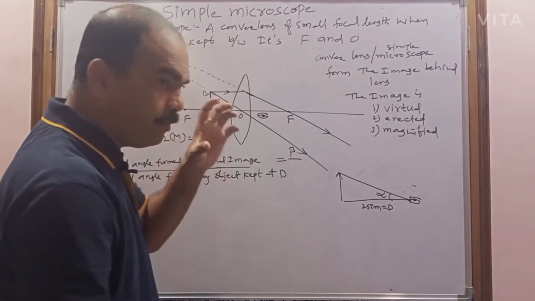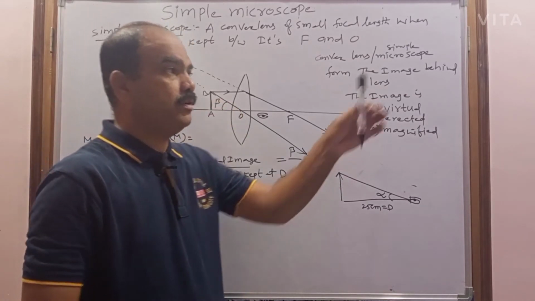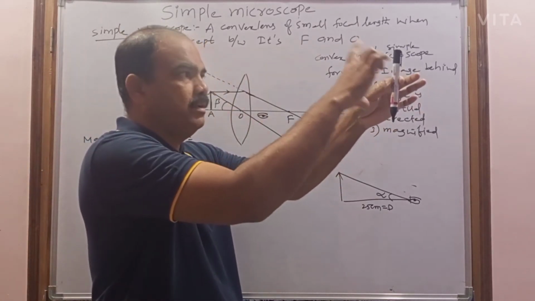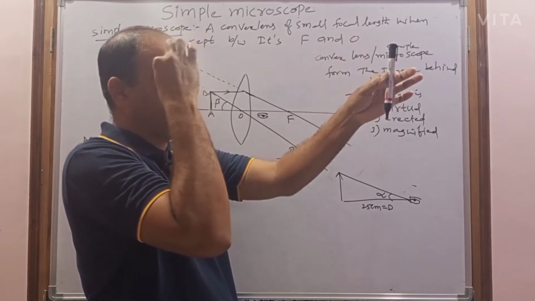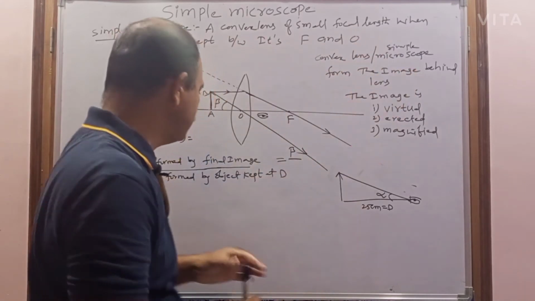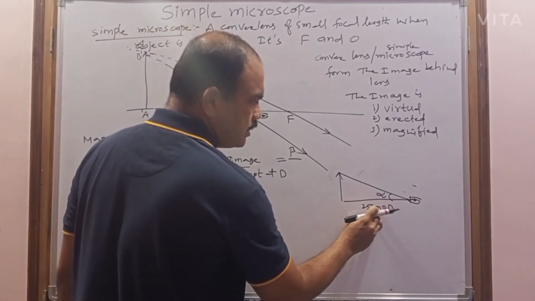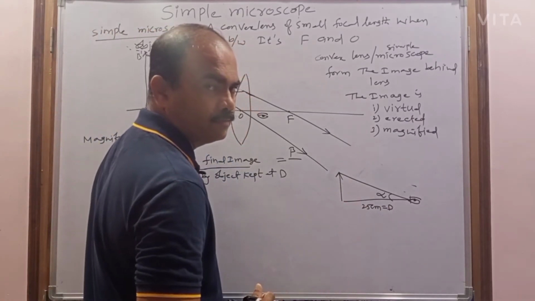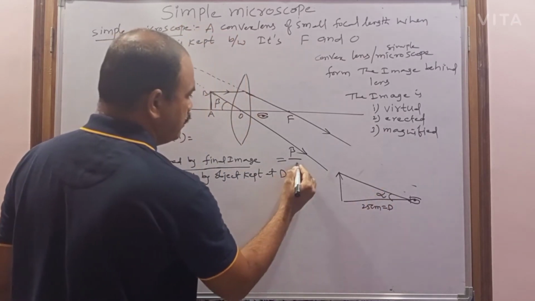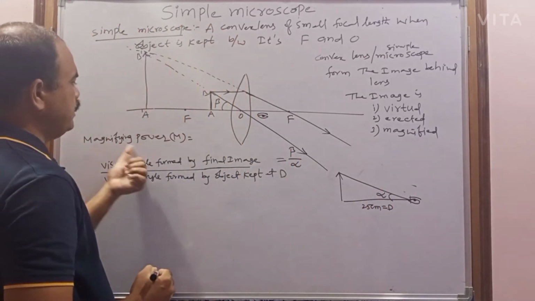If we imagine the object is at 25 centimeter in front of us, that object also makes some angle at our eye. That angle is the visual angle formed by the object kept at D, where D means 25 centimeter. That angle is alpha. So what is the magnifying power?